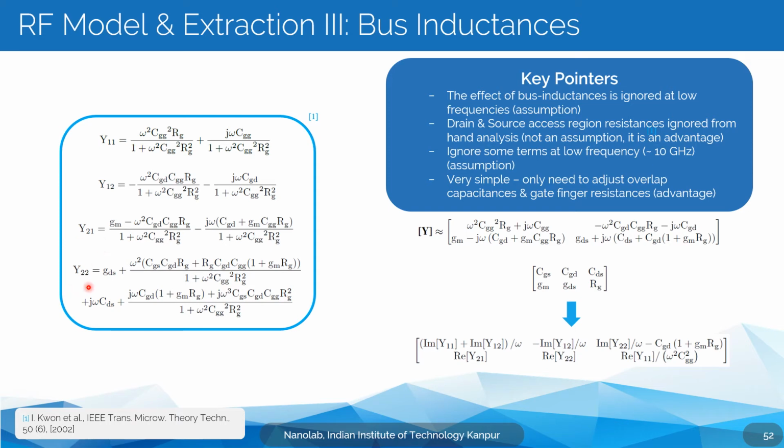Then you compare the model with these measured Y parameters at a very high frequency. It is at a high frequency that you fit the inductive components, which are basically just inductances. You just have to tune the values of those inductances till you have a good fit at high frequencies.